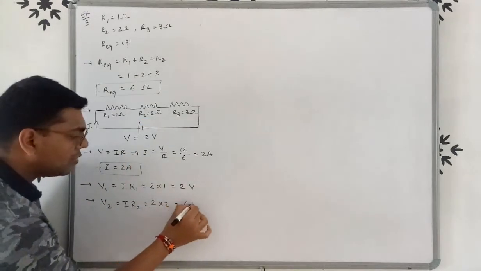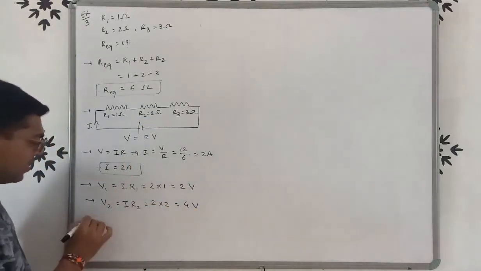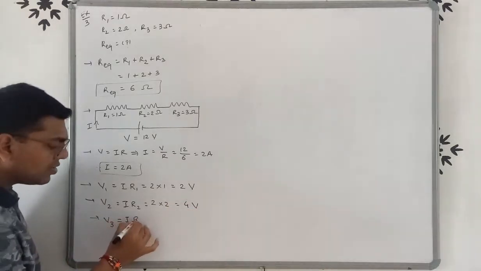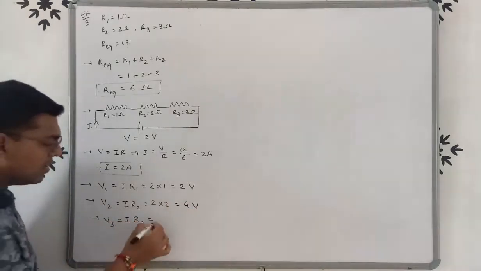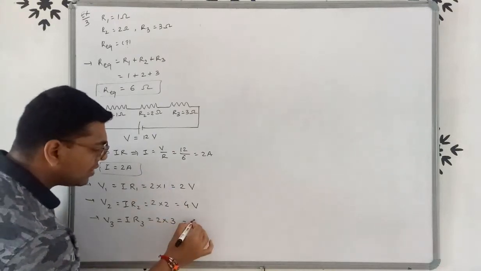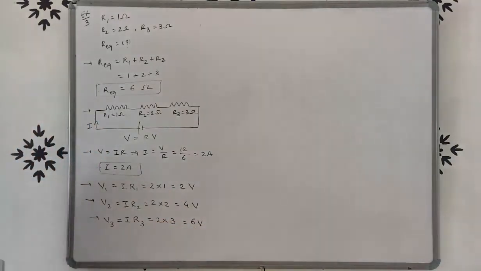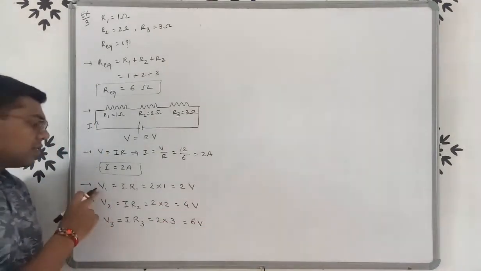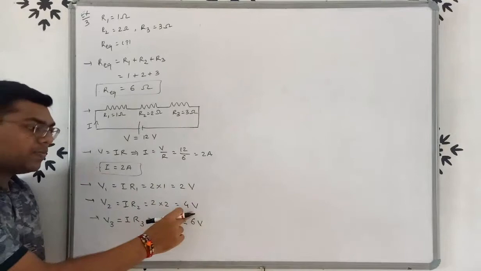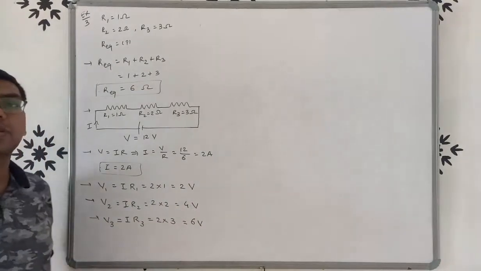So 2 into 2 is 4. Potential drop across resistor R3, V3 is equal to I R3. Value of I is 2, R3 is 3. So 2 into 3 is 6. Right? So potential drop across the first resistor is 2 volt, second 4 volt and third 6 volt.